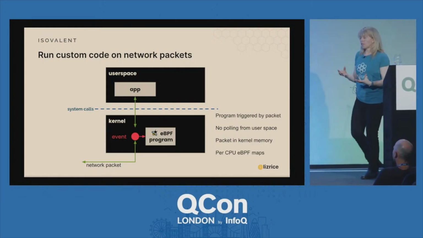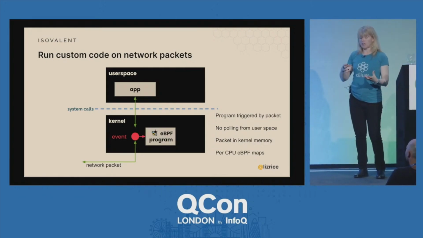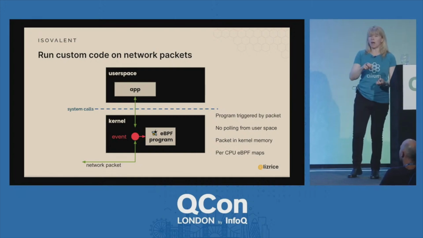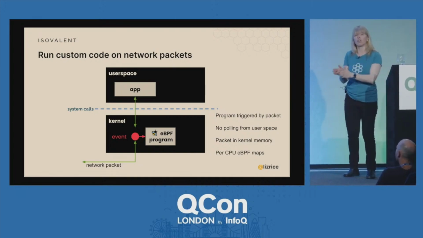And another interesting thing that we can do with eBPF is we have these data structures called maps. Some of them are designed to be per CPU, essentially per core.